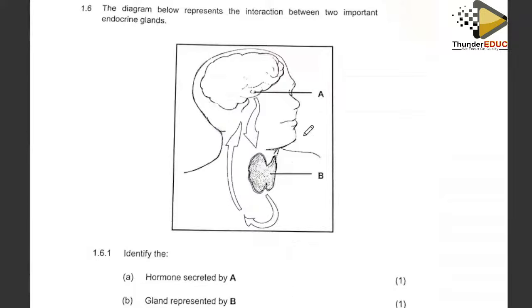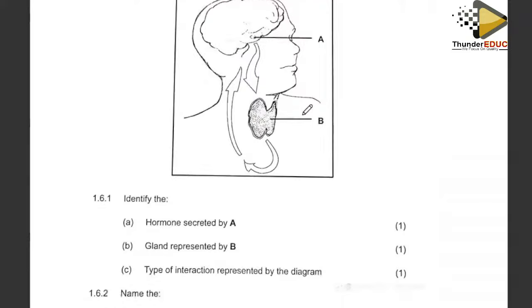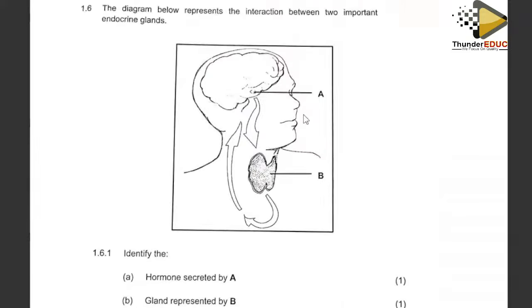Then question 1.6, the diagram below represents the interaction between two important endocrine glands. We see that we have the pituitary gland here and the thyroid gland there.